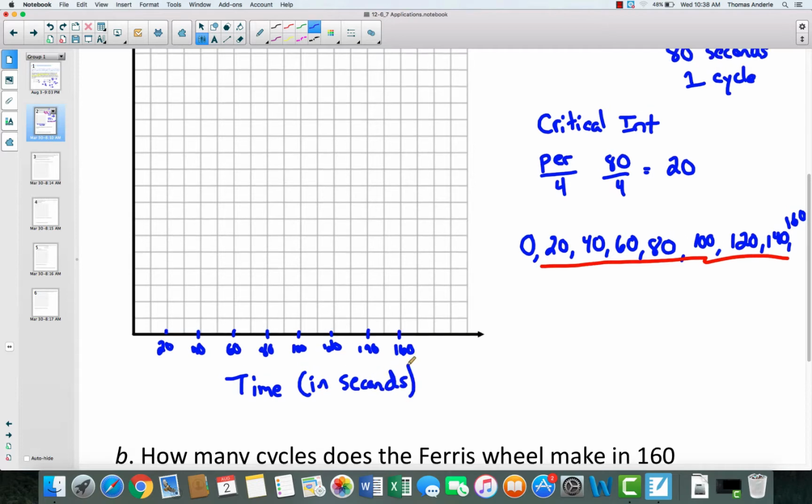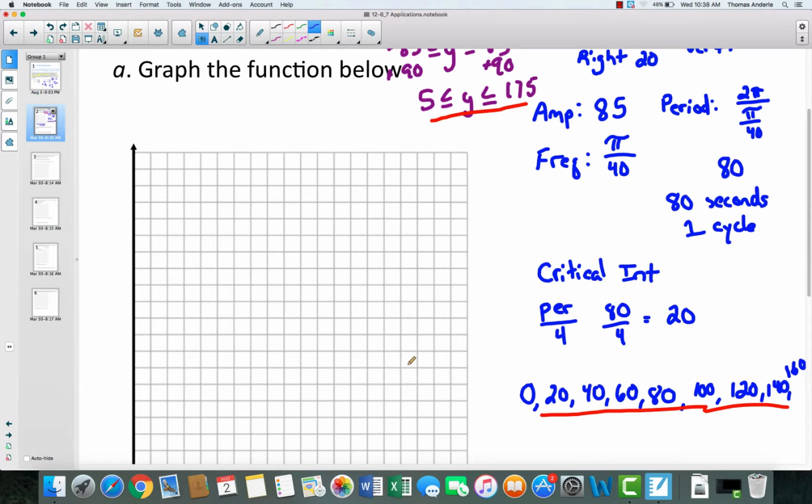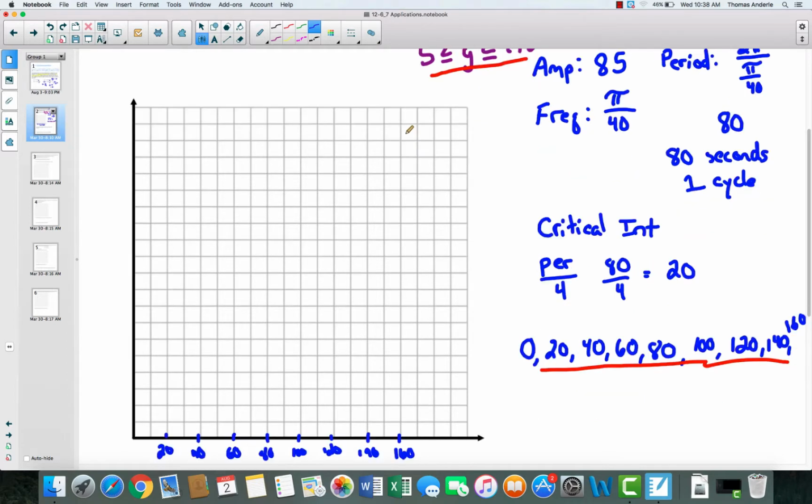Now our y-axis. We said the y-axis is going to be from 5 to 175. So it's kind of up to you how you want to do this. I think I'm going to make every 2 boxes 10. And I'm going to hope that works. 30, 40, 50, 60, 70, 80, 90.